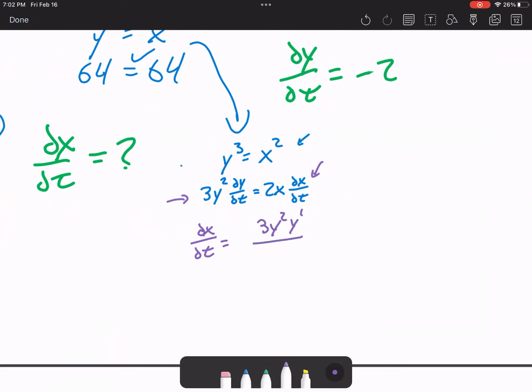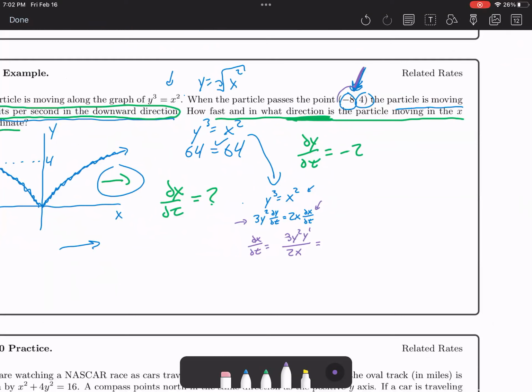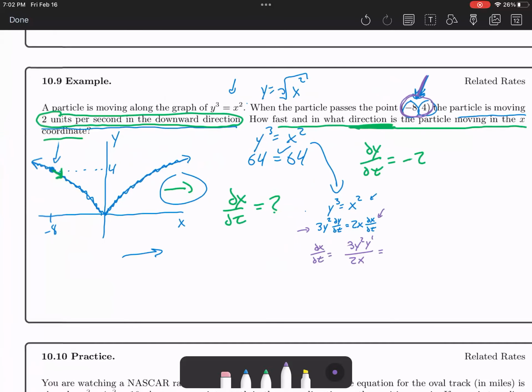So 3y squared y prime divided by the 2x. Now we're interested in this particle at the point -8, 4, right, over here. So this will be 3 times a 4 squared over a 2 times a -8.